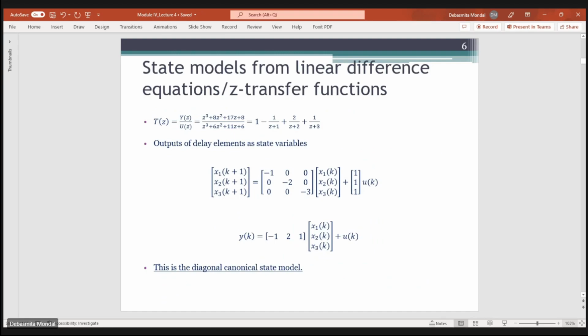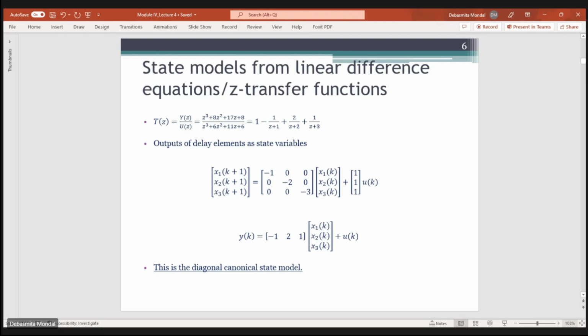For that kind of expression, we have to factorize or simplify the given transfer function in the form of these separate roots. Okay, so in the denominator we'll have the roots of the denominator polynomial, and accordingly we'll express it in partial fraction form.